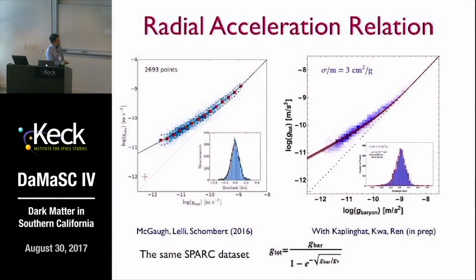You can fit the functional form and we checked the residuals. The residuals with the SIDM fit are very similar to theirs. You can also determine what this acceleration scale is. Some people say that is due to MOND, but I would say this is due to structure formation of the universe, and you can get this constant from the concentration-mass relation.